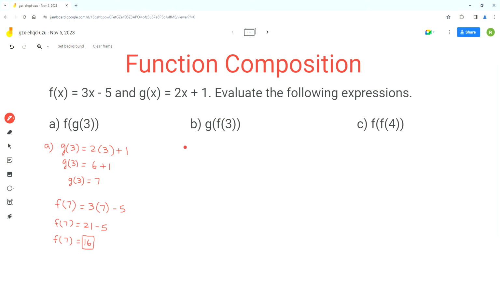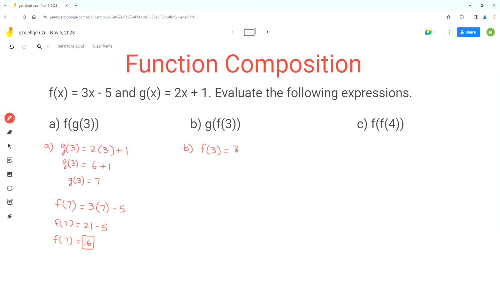So now we can analyze part B. In part B, we have to find g(f(3)). So f(3) is the input for function g. The first step is to find f(3). For that, we'll sub in x as 3 in the given f function.